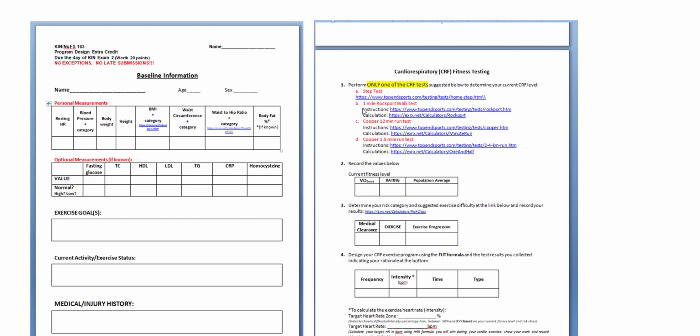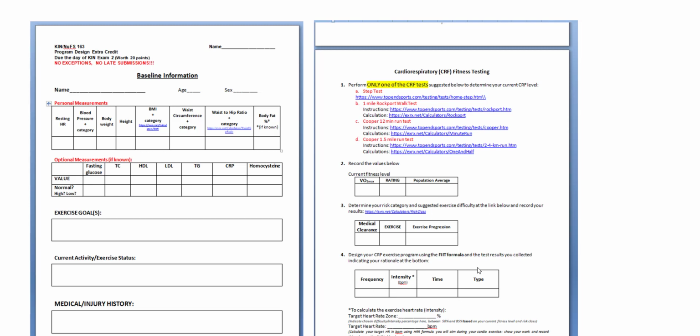This has been already discussed and recorded on a Zoom meeting, and you will be able to find it on Canvas, but I'm still covering that for the sake of this chapter too. Then you will put your rating and the population average, to see where you stand in that average, and then determine the risk category by going to this link.